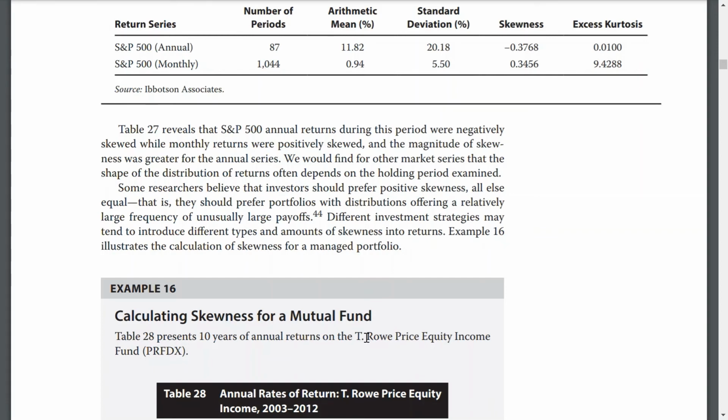holding period examined. Some researchers believe that investors should prefer a positive skewness, all else equal. That is, they should prefer portfolios with distributions offering relatively large frequencies of unusually large payoffs. So it's less stable, but when payoffs do occur, the payoffs are much larger.